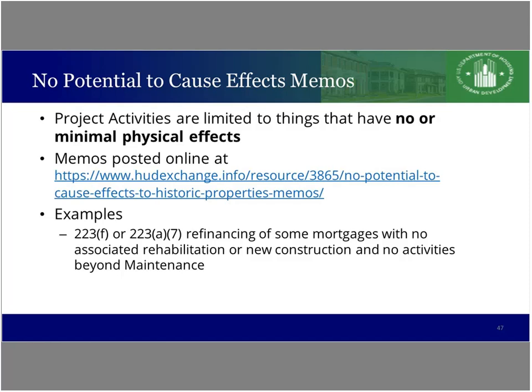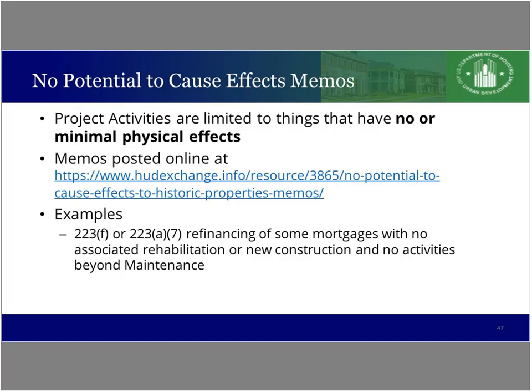And just by way of examples, if you go to that site, you will find several no potential to cause effects memos that relate to housing projects and financing. So there is one on 223(f) that covers multifamily refinance transactions that do not exceed maintenance and that do not have reasonably foreseeable rehabilitation, new construction, or demolition as part of the project description.